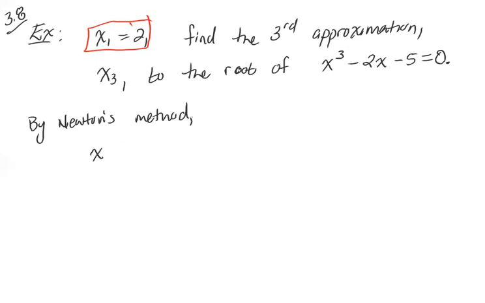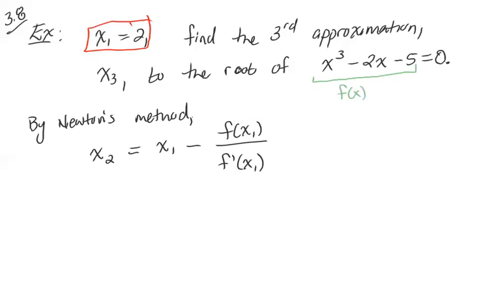To get the next value by this recursive method, I get that x2 is equal to x1 minus f of x1 divided by f prime of x1. I know what x1 is. I have an f function that I can substitute x1 into. This is my f function. This is f of x.